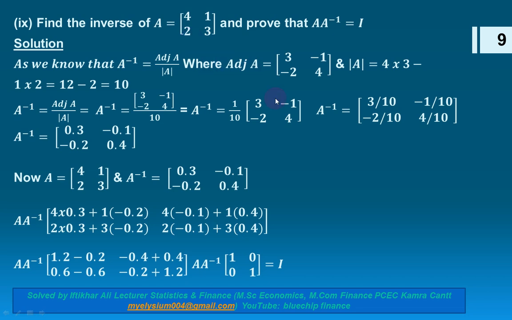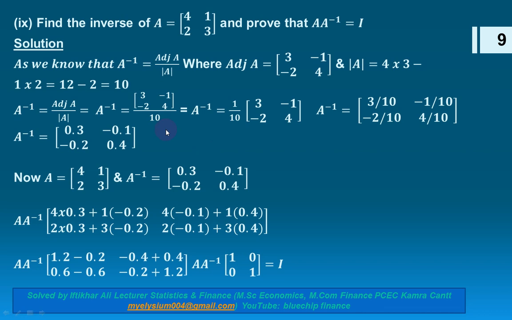So adjoint will be 3, minus 1, minus 2 and 4, and determinant equals 4 multiplied by 3 minus 1 multiplied by 2, or we can say that 12 minus 2 equals 10.